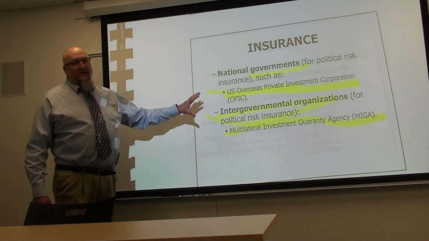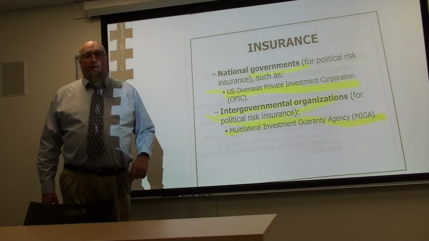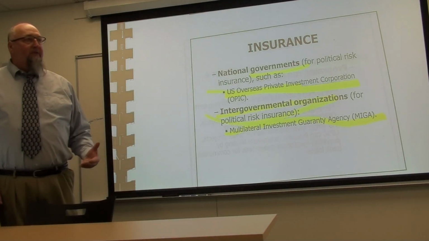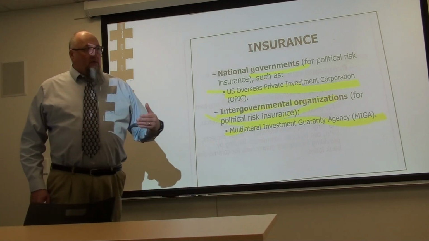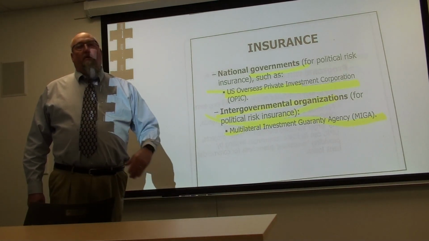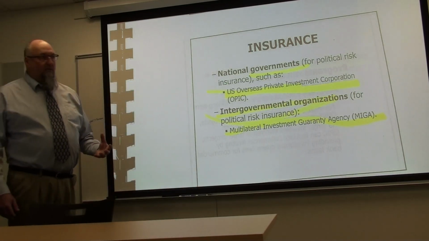So both of these are very similar. Both of these are programs designed to provide what amounts to insurance to pay for the loss of an investment due to expropriation or other political risk.